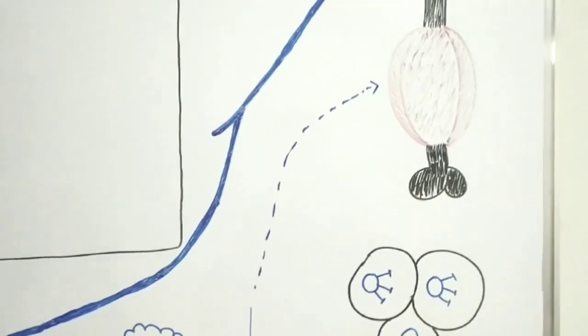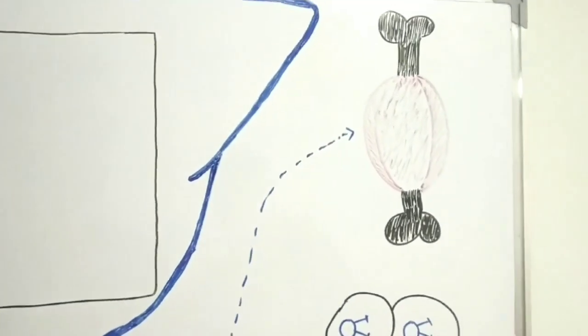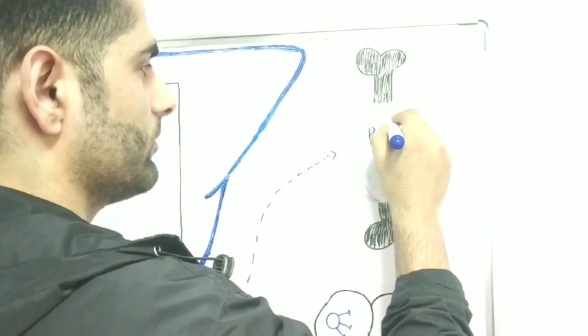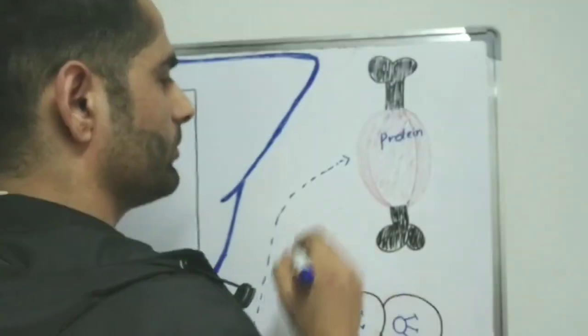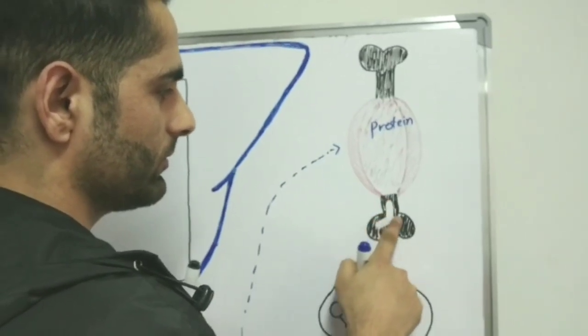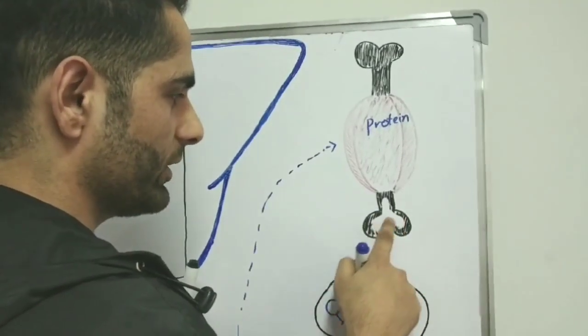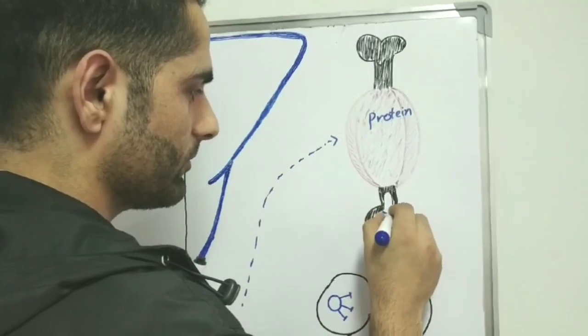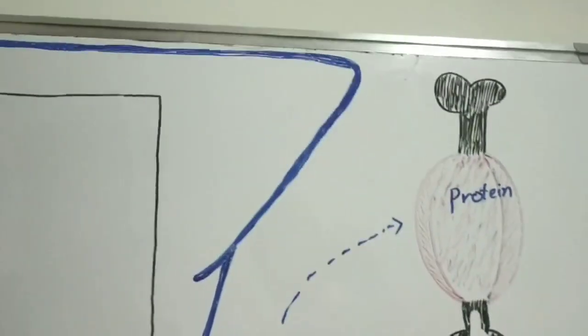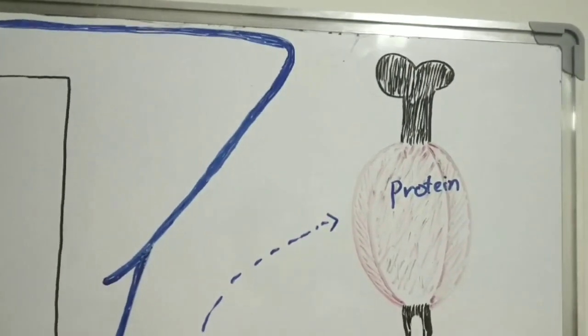Now finally, we will see the cortisol will go to our muscles. In the muscles there are proteins. Suppose here is your protein. In the bones, here is your bone. Inside the bones we have also proteins. Here is also protein. What is the effect of the cortisol on the proteins?